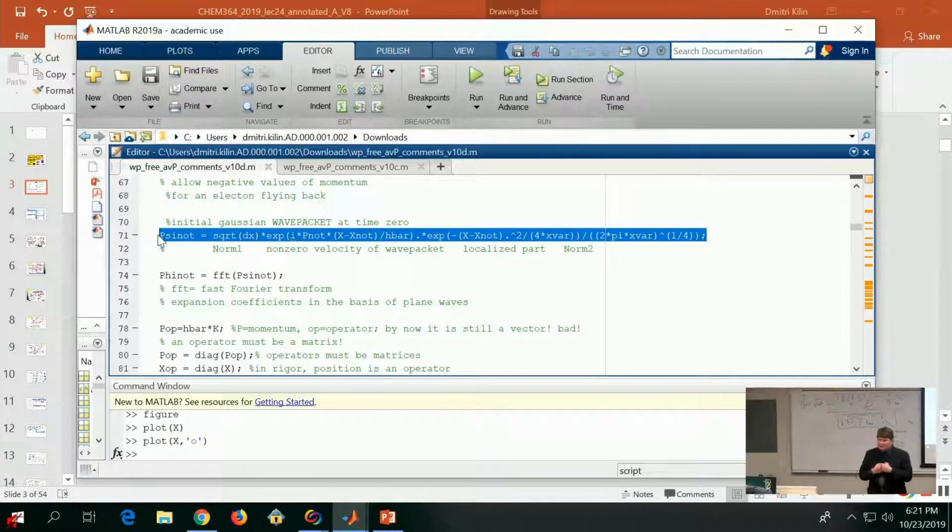What is the eigenstate of the momentum operator? And what is the name for this function?